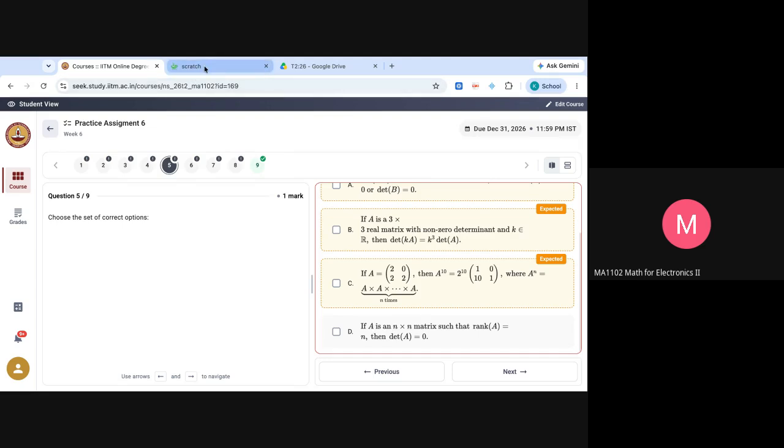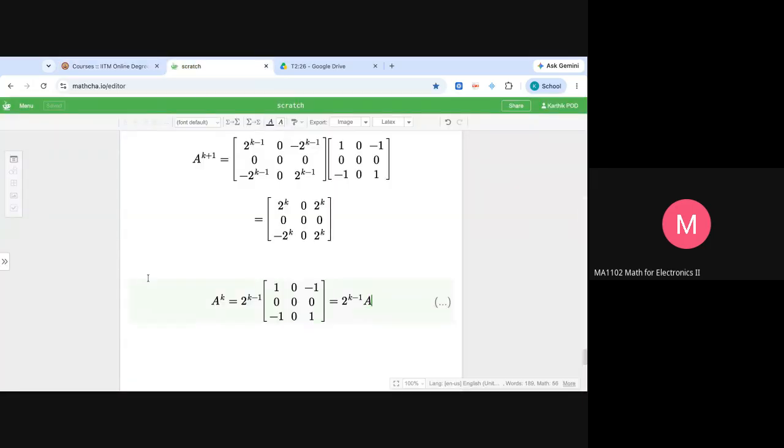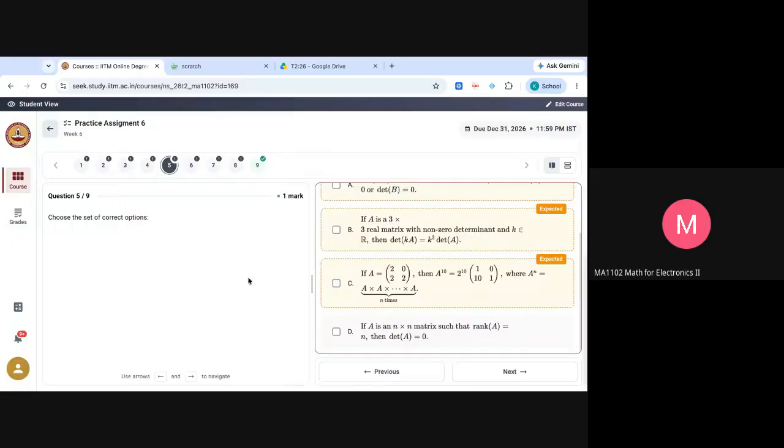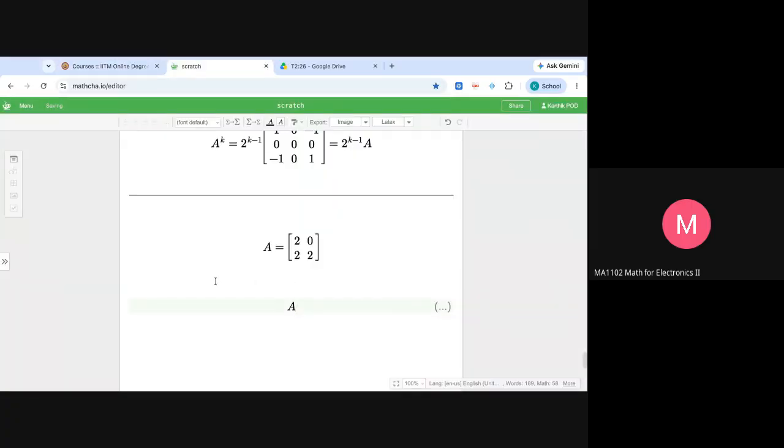So A is 2022. A square, I think we just have to try it out, right? We just need to verify if this is correct. A power 10 is, okay. So a square is 2 into 2, 4, so that's just 4, right?